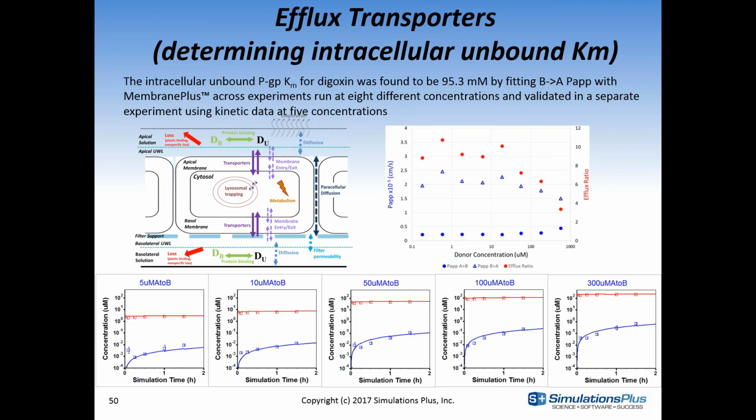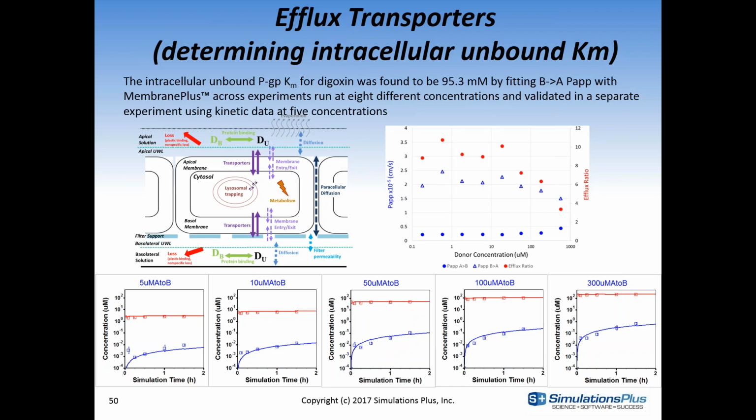So on the bottom, the series of graphs are the kinetic data for the apical administration of Digoxin into Caco-2 cell assays, and then using that Km value, predicting the concentration profiles out to 2 hours for these Caco-2 assays of Digoxin. And we only had to make slight modification to the model for the Vmax because there's always going to be a slight difference between the expression levels from one lab's cells to another.